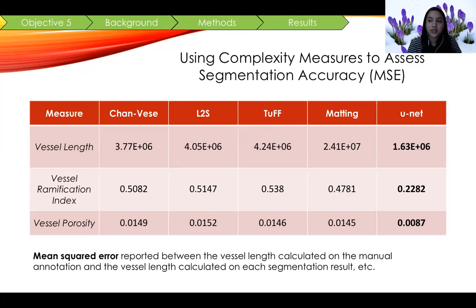And as porosity is always a value between 0 and 1, the MSE for porosity is lowest across all the methods. To recap this section, informatics were developed specifically for the MLV, including two new measures, vessel ramification index and vessel porosity, and these were also used to assess segmentation performance.